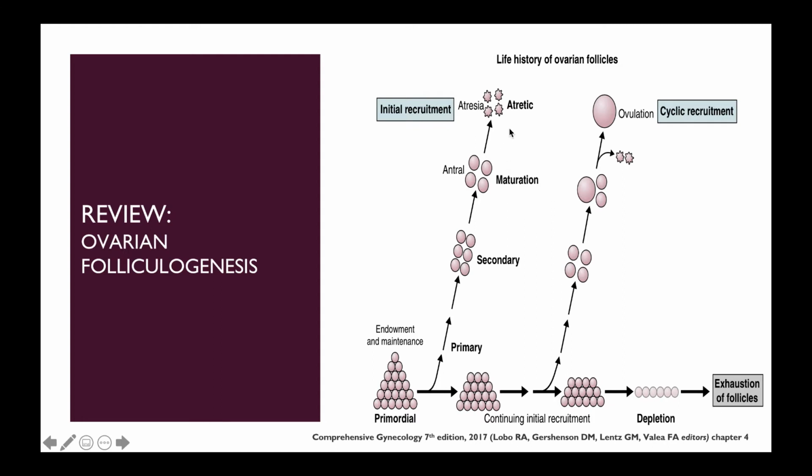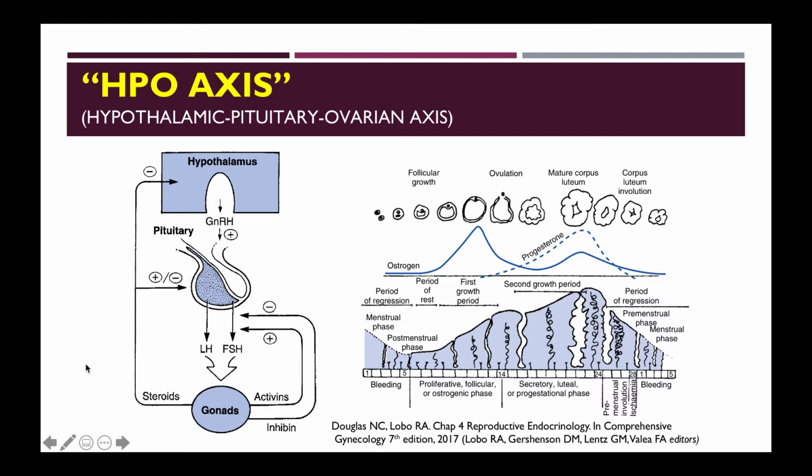However, under optimal gonadotropin stimulation, particularly FSH, a dominant follicle will be selected, which will undergo ovulation. The menstrual or ovulatory cycle is an orderly sequence of events involving remarkable coordination or communication at several levels of the HPO axis, the hypothalamic pituitary ovarian axis.